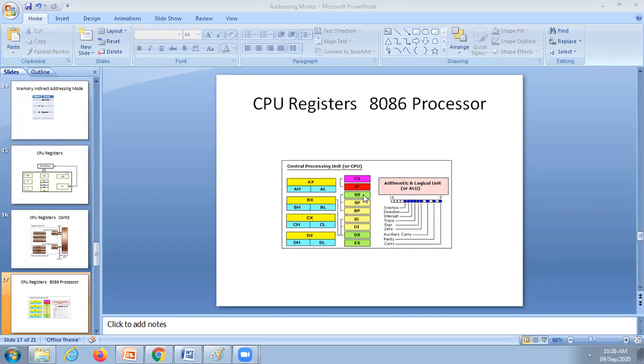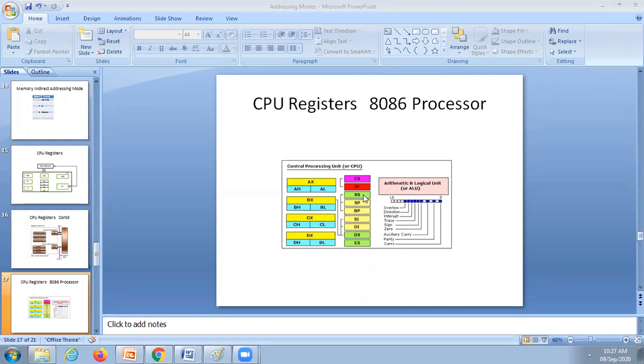Some part of main memory is allocated for stack purpose. How is it allocated? By using your SS register, which gives the base address, and the stack pointer.